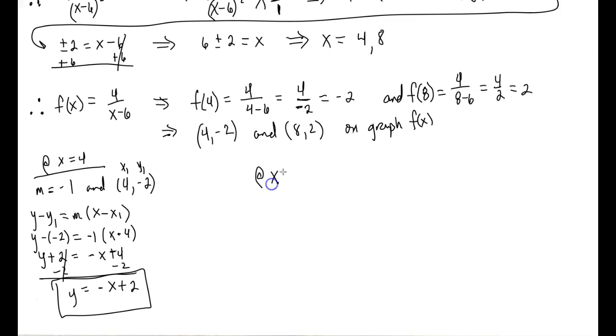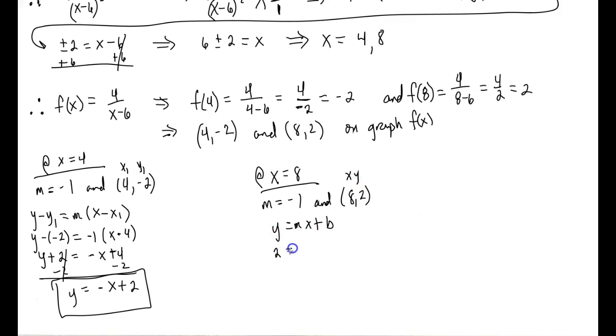The other one is when x is equal to 8. So, of course, this time our slope is still negative 1, but our point now is (8, 2). And I'll use the slope-intercept form to find the equation of a line this time. I'm just switching it up so you can see it done in different ways. We'll call this our x, call that our y.